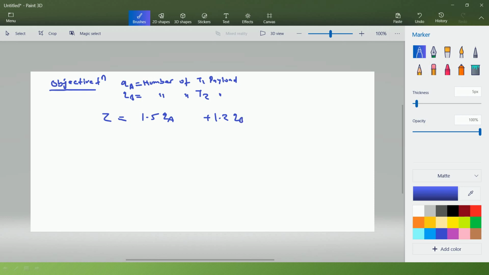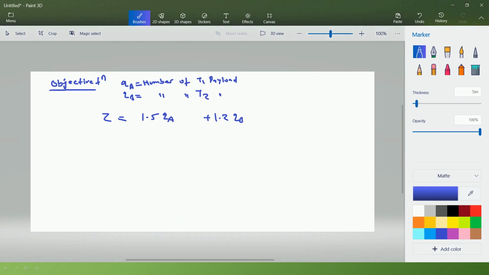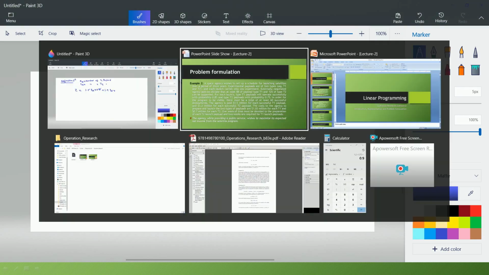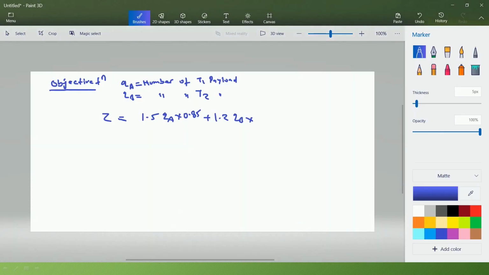Okay, now you focus here on this line. For each launch, the type T1 payloads will operate successfully with probability 85%. That means we have to multiply here by 0.85. Similarly, we have to multiply here by 0.75 because the successful probability of this is 0.75.